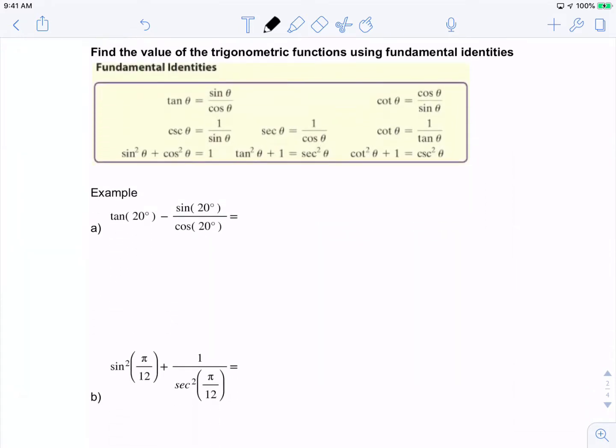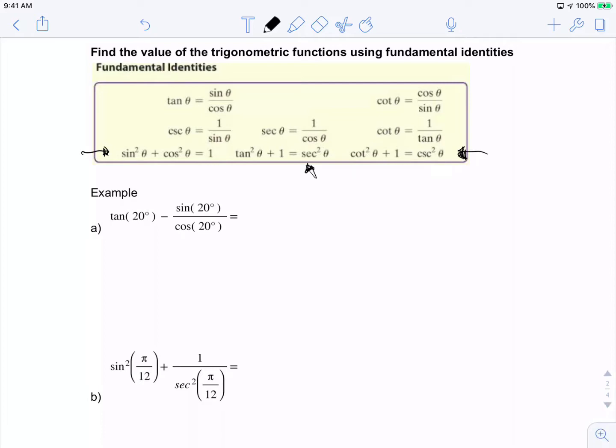Okay, some identities. These are important, big. In fact, I would say you should memorize all of these. The ratios for tangent, cosecant, secant, and cotangent, those are important. And then these three down below are identities that are very, very important. We're going to do a lot with these, so I would work on memorizing them.